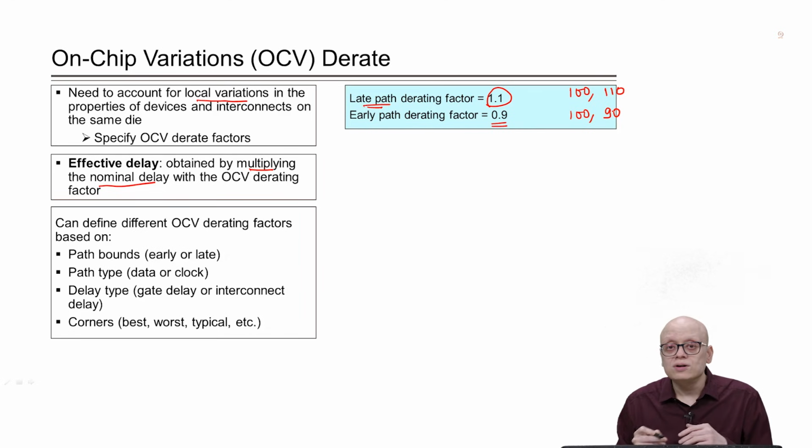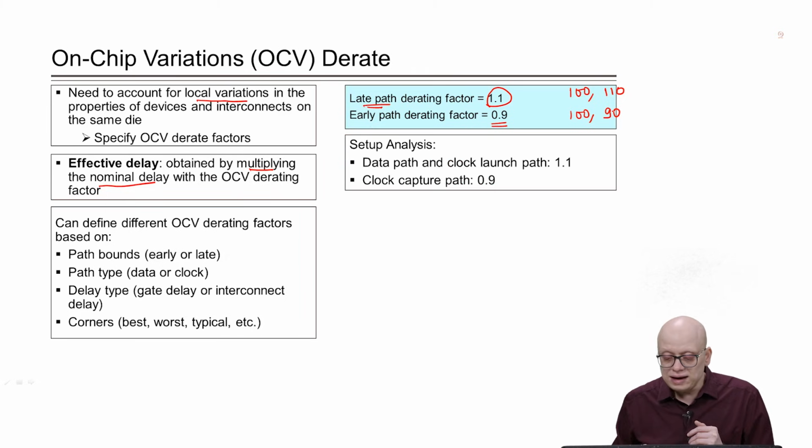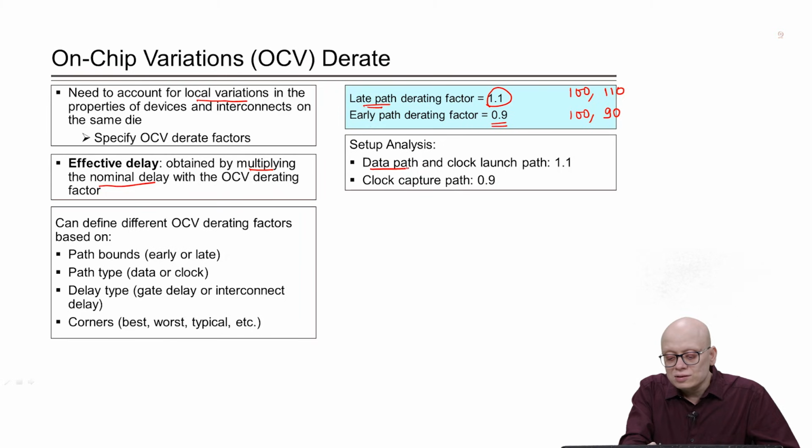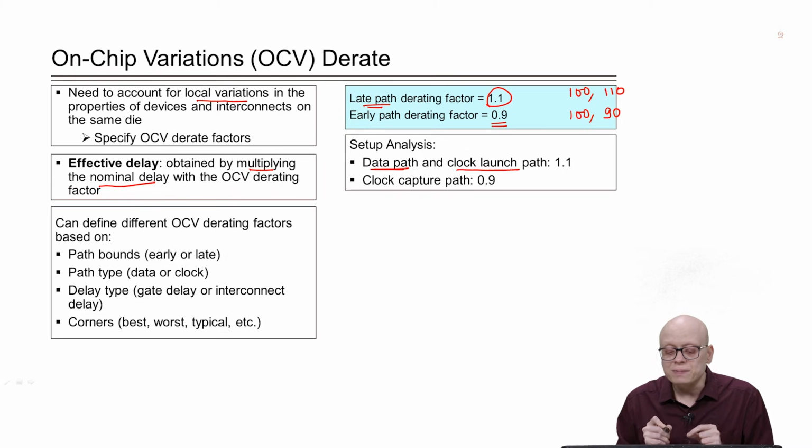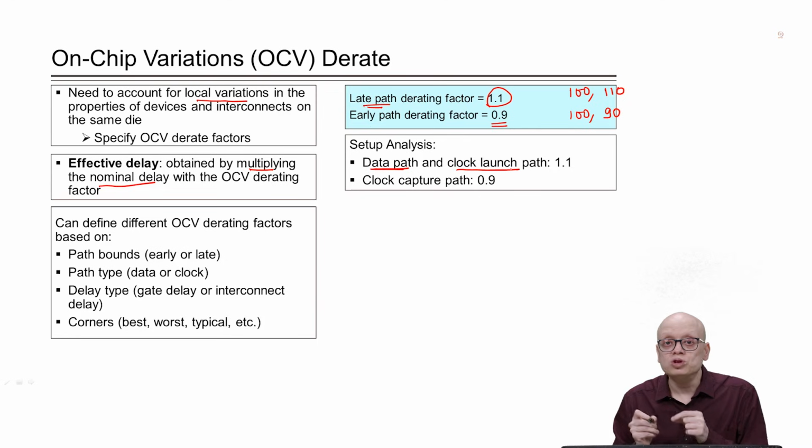Now, this kind of specification will impact the setup analysis and hold analysis in different ways. In setup analysis, what are the late paths? The late paths are the data path and the clock launch path. If we consider the constraint for setup analysis, then if the data path and the clock launch path become late, the design is more likely to fail.